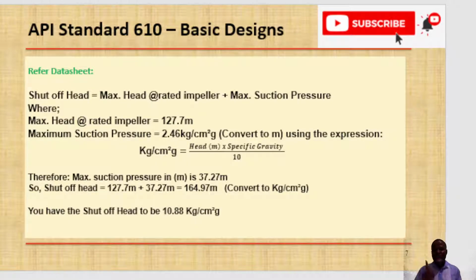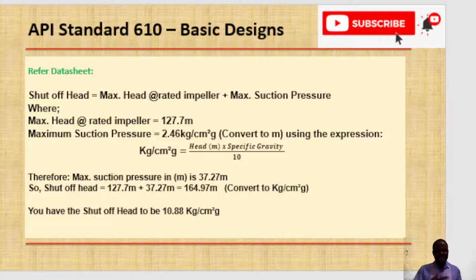If the maximum head at rated impeller diameter is not stated on the mechanical data sheet, you have to comment on the mechanical data sheet that please supply the maximum head at rated impeller. And then you look at your maximum suction pressure, which you must have given on your process data sheet.